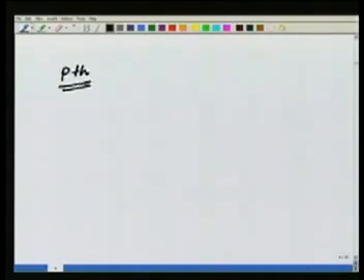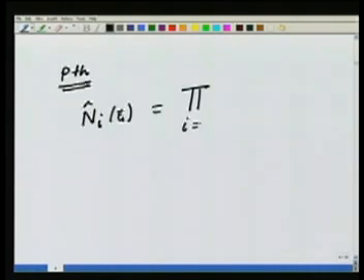Let me remind you that for a pth order element, the shape function by definition will be what we had done earlier, with j equal to 1 to p plus 1.